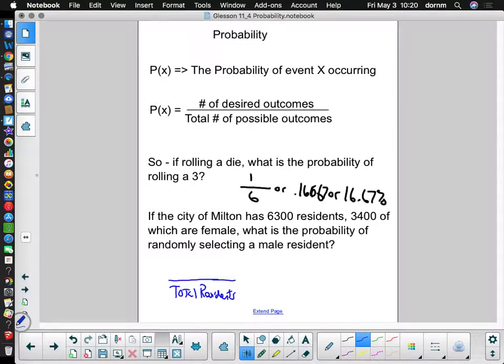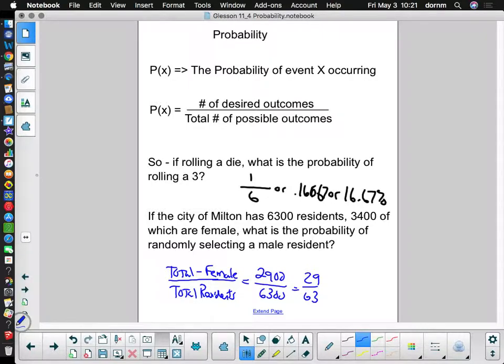For math purposes, we're going to have to do the total residents minus the female to get that number. So we create ourselves a little strategy. So it's 2,900 over 6,300, which would reduce to 29 over 63. And then if we need to, we could change it to a decimal or percent by using our calculator pretty easily.